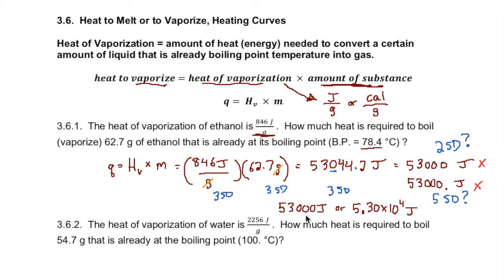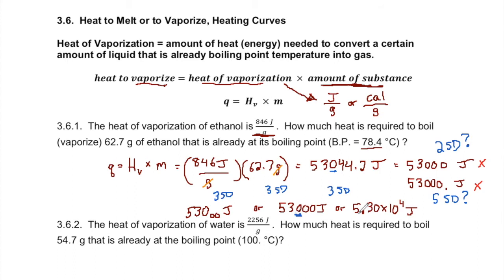To show 3 significant digits, you could write it like this with a little underline under the last significant digit, or you could even write the subscript method. This 0 is significant, so we write it as a normal size, and the other 2 that are not significant can be written as a subscript. With a large number like this, it's a little bit strange. It might look like just 530.